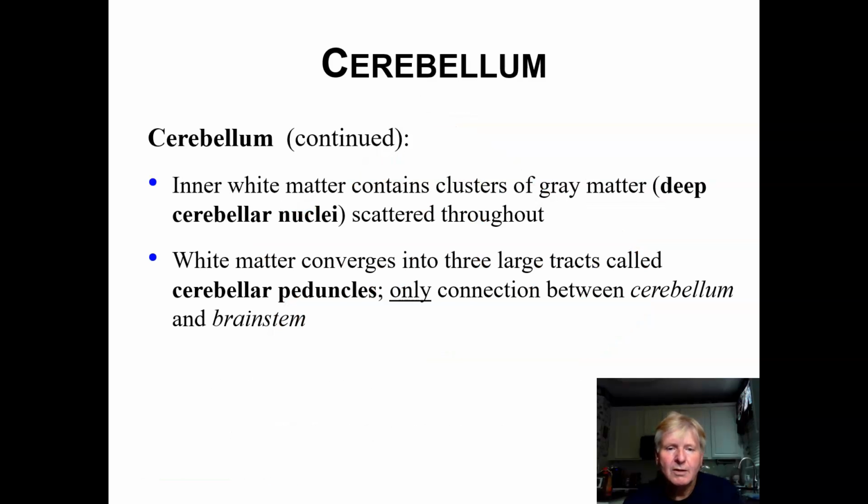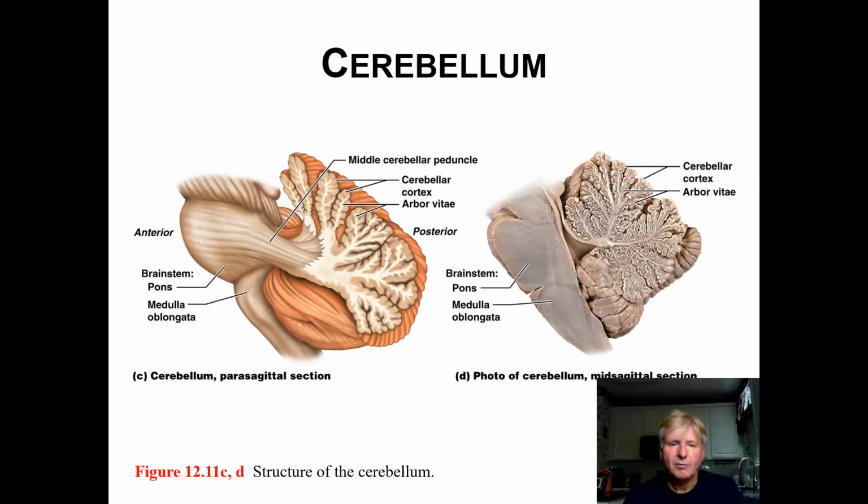So you have an inner white matter containing the deep cerebellar nuclei, which is gray matter scattered throughout. And then you have white matter that converges into three large tracts called the cerebellar peduncles. This is the only connection between the cerebellum and the brainstem.